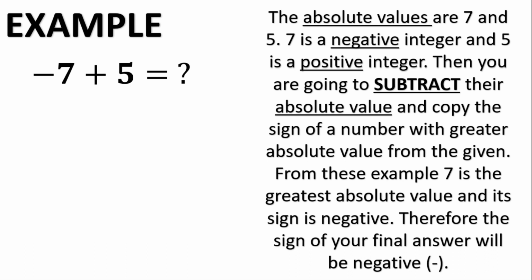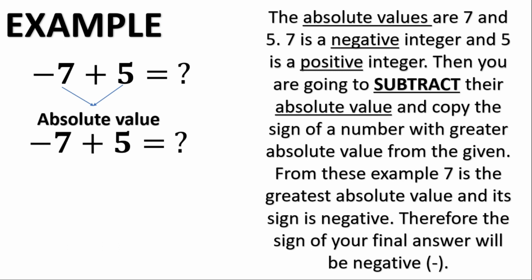So dito sa example natin, ang may pinakamataas na absolute value ay 7, which is yung sign ng 7 natin ay negative. So we have here negative 7 plus positive 5. So we are going to subtract the 7 and 5. It will become 2. So, dahil mas malaki yung negative 7, your final answer will be negative 2.